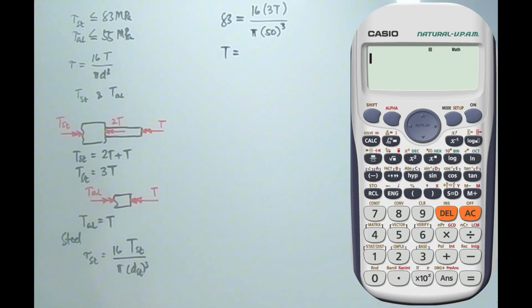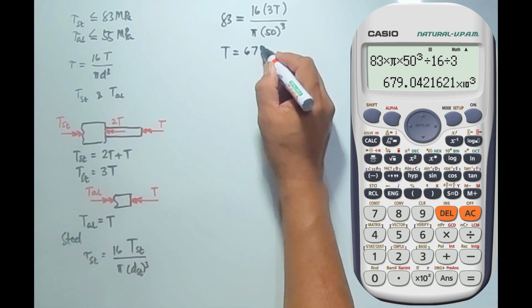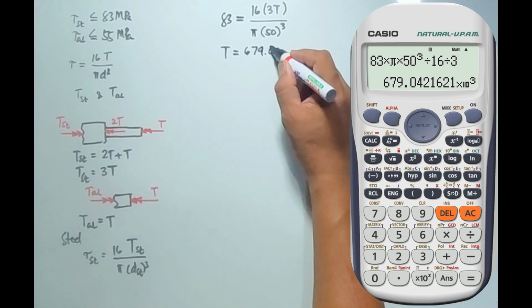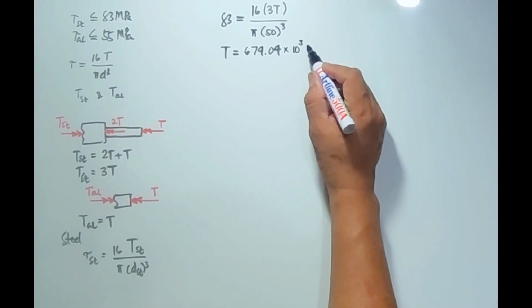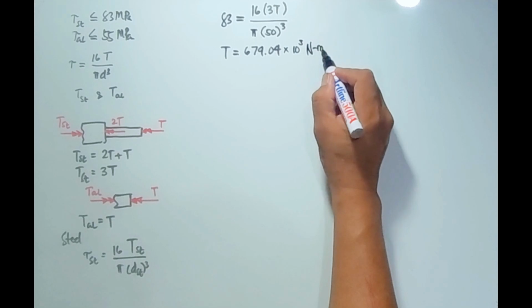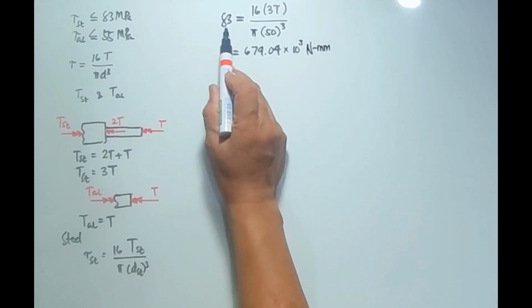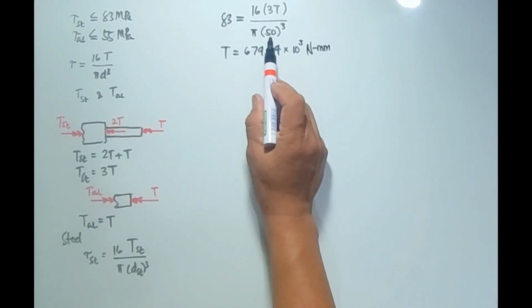So we get T equals 83 times pi times 50 cubed divided by 16 divided by 3 equals 679.04 times 10 to the power of 3. The unit will be Newton millimeter, because this is Newton per square millimeter, and this is millimeter cubed.